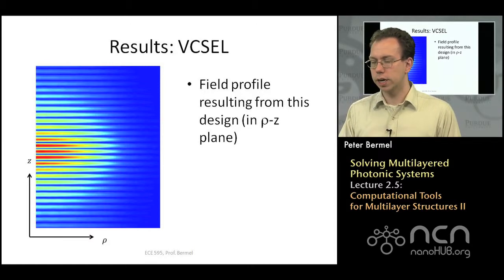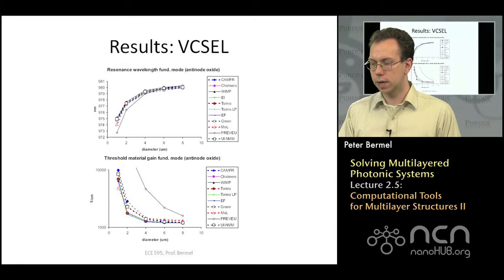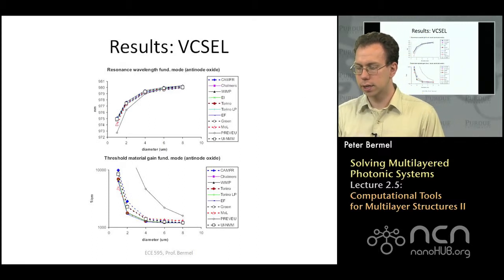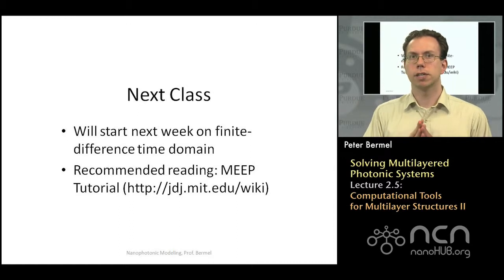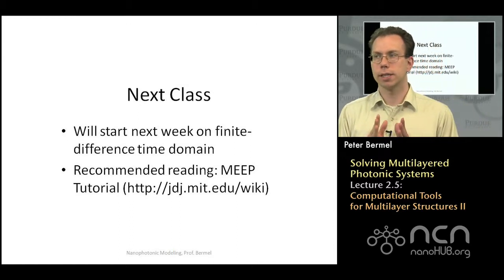And so this is very good for generating a high quality factor laser mode. And then this is just showing how the wavelength depends on both the diameter as well as the threshold gain.